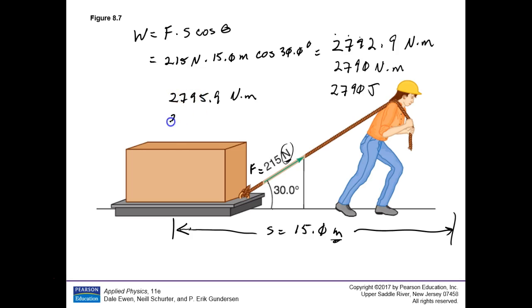Rounding that up makes 2,800. But you put a bar over that 0, meaning that's significant. Leave that one without a bar. And that would be joules then. Only 3 significant digits. See, these 3 are significant. That 0 is not. These 3 are because you put the bar over it.